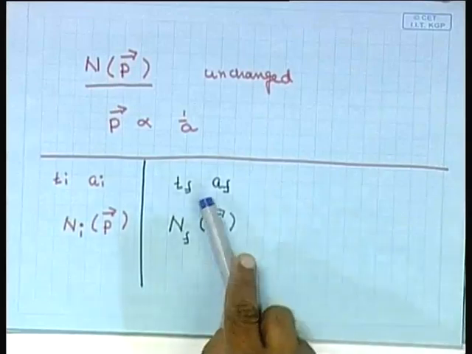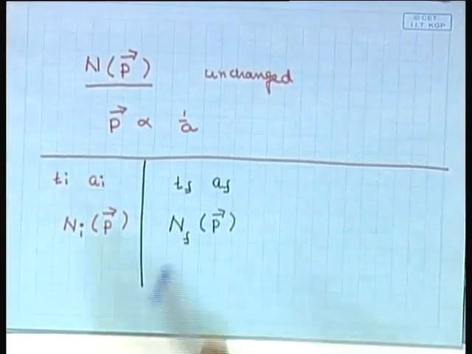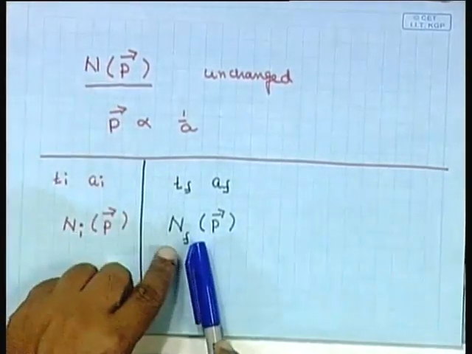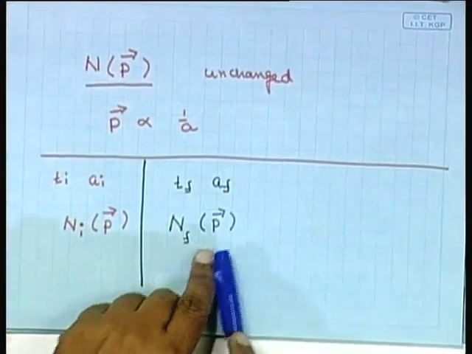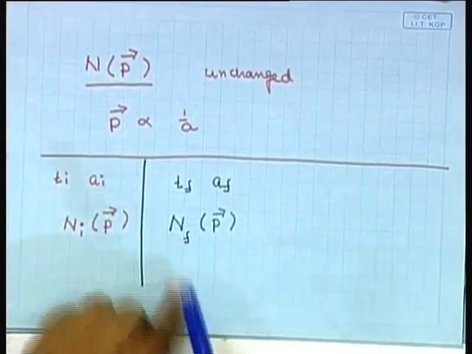At some other instant t_f, what is the particle distribution? What is the occupation number of a mode p at the final instant?